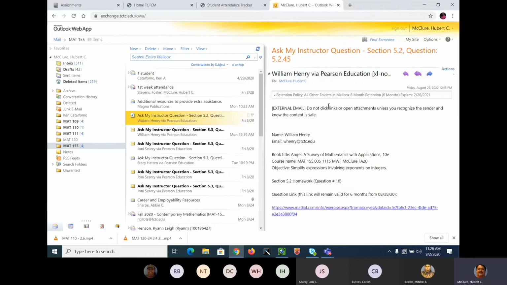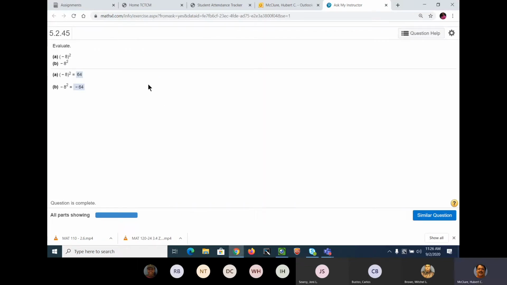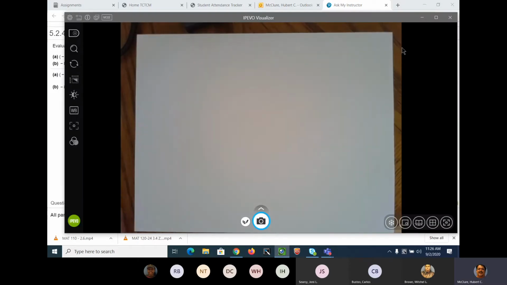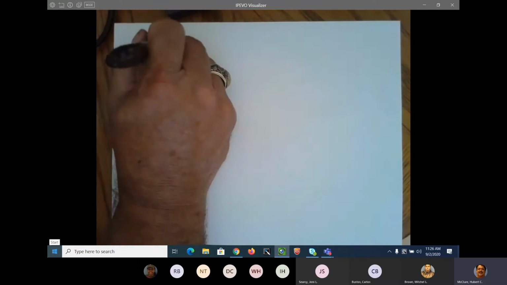5.2, 45/10. I think we went over this, but we'll go over it again. Anytime you have a negative, there's 2 choices for that negative. The first choice is the negative is inside the parentheses, and that would be like this.